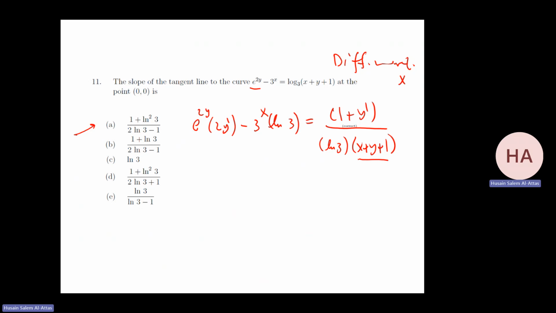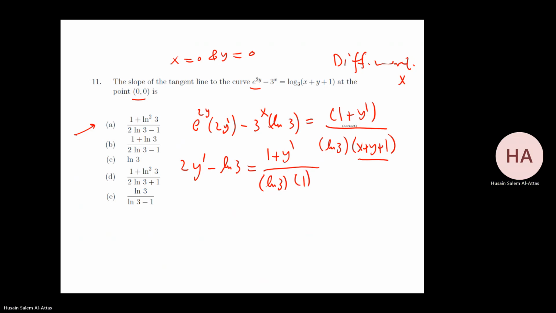Well, substitute what? x equals 0, y equals 0. Okay, substitute here. e to the power 0 is 1, so I have 2y'. 3 to the power 0 is 1, minus ln 3 equals, here I have 1 plus y' over ln 3. I have 0 plus 0 times 1 times 1, multiplied by ln 3. So I have 2 ln 3.